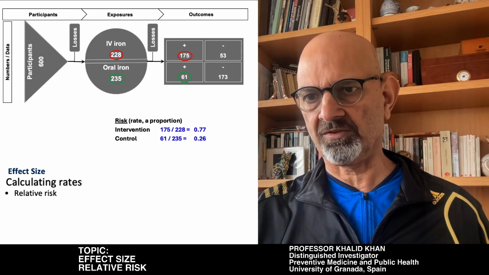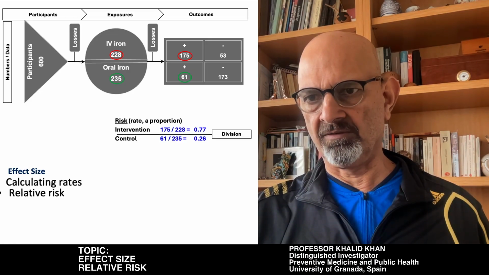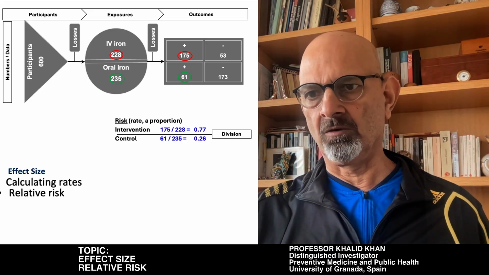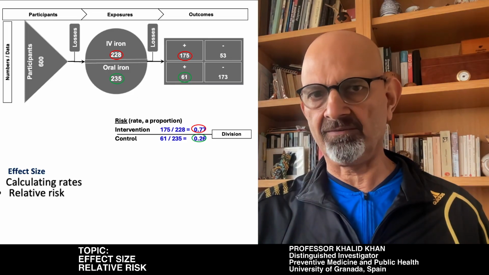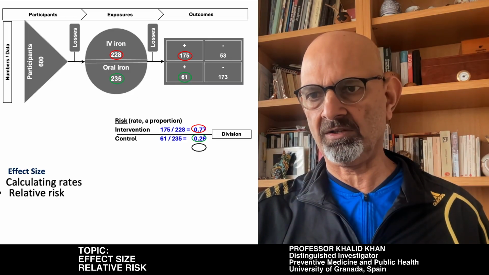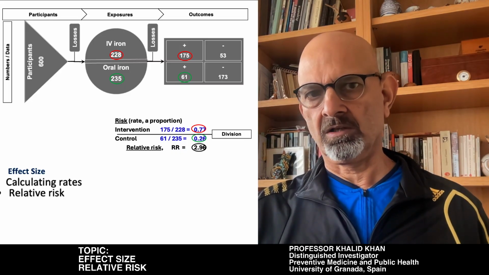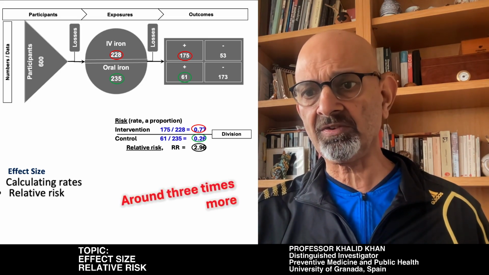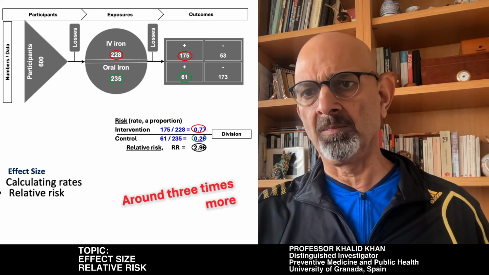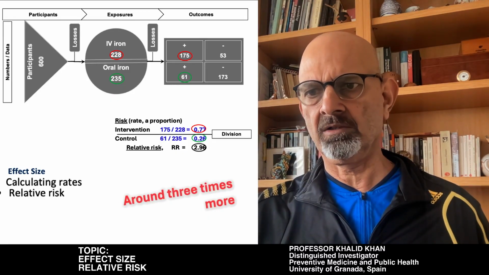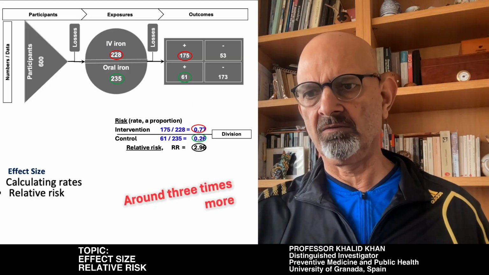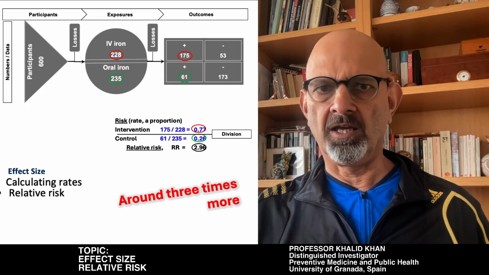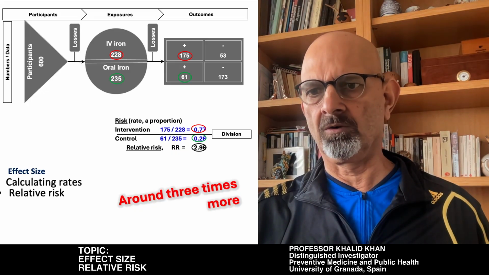The intervention group percentage is going to be divided by the control group percentage in order to get the relative risk. So we divide 77% by 26%, and this leaves us with a number close to 3, to be exact, 2.96. And this means that there are around 3 times more mothers after receiving intravenous iron who reach the time of delivery without anemia compared to if the group had received oral iron.